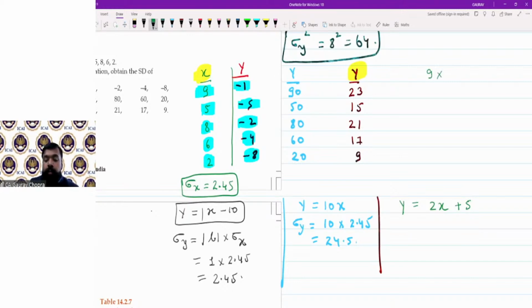So 9 multiplied by 2 is 18, plus 5 will give you 23. 5 multiplied by 2 is 10, plus 5 will give you 15. 8 into 2 is 16, and plus 5 will give you 21. In this way, you can see that this is the correct relationship between the two. So hence, you will find the standard deviation of y as mod of b, that is 2, multiplied by 2.45.